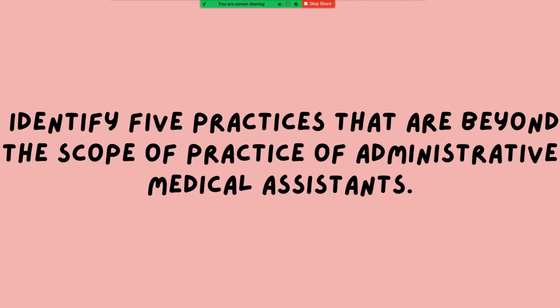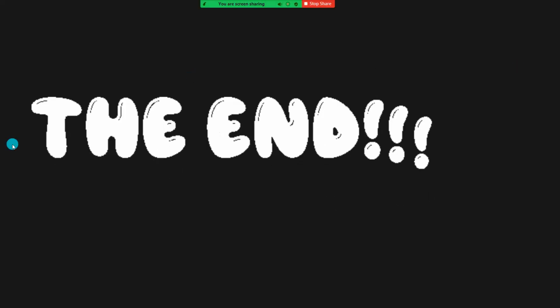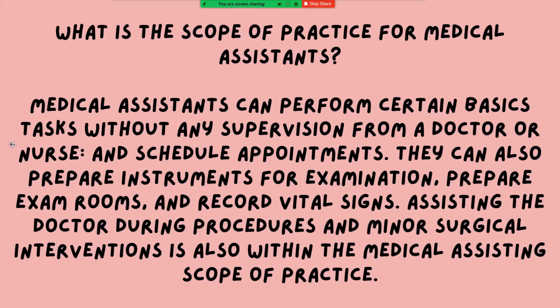So now we're going to identify 5 practices that are beyond the scope of practice for administrative medical assistants. Let's go back. So let's identify 5 things that are out of your scope of practice. Let's look. Prepare instruments for an examination. That's out of your scope of practice. Prepare exam rooms.